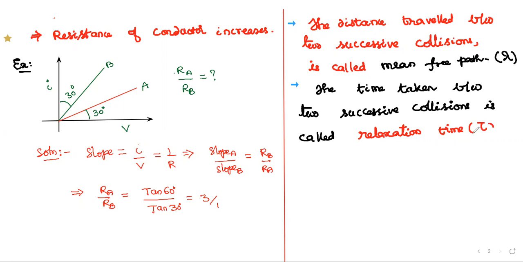Represented with the letter tau. Mean free path, as discussed long back. This is relaxation time.